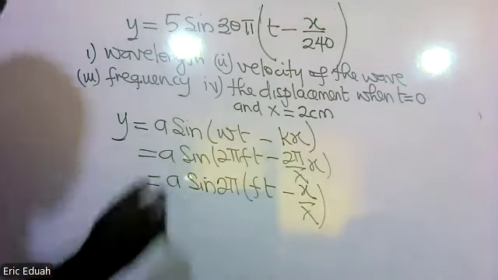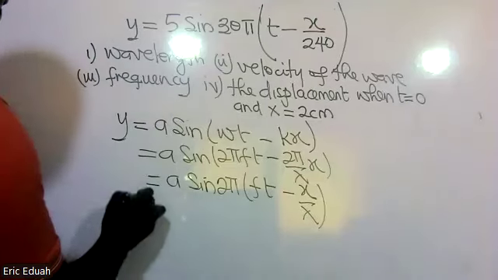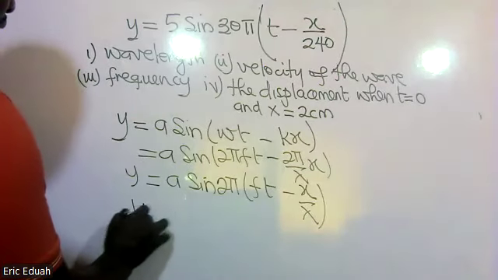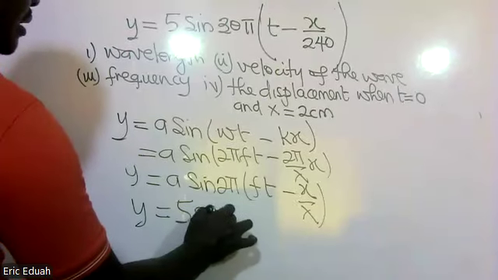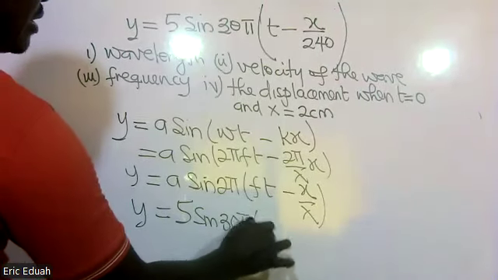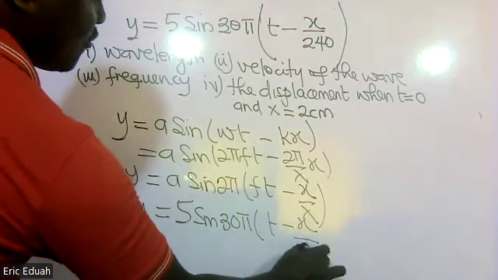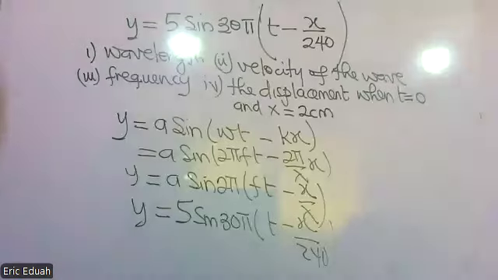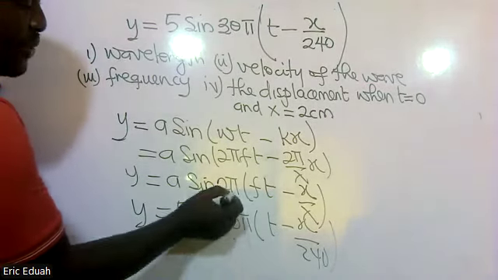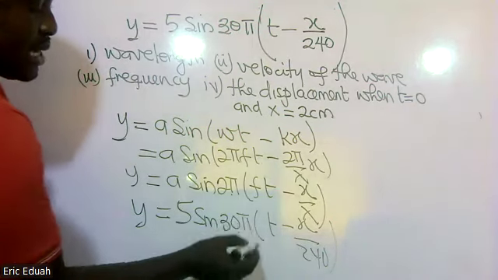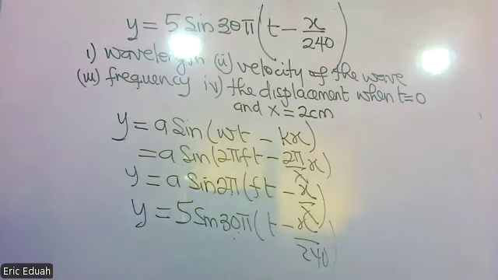You cannot directly compare it this way, giving y is equal to 5 sine 30 pi t minus x over 240. You can't compare this directly to this and then say that lambda is 240.